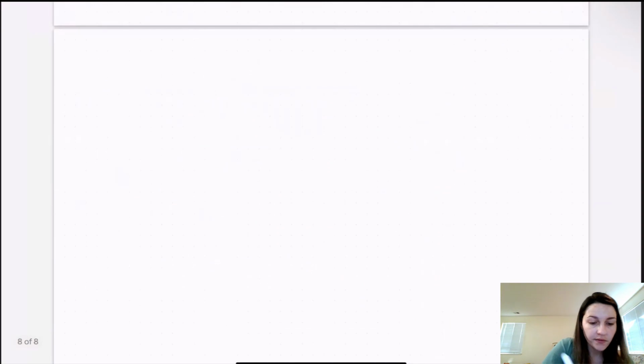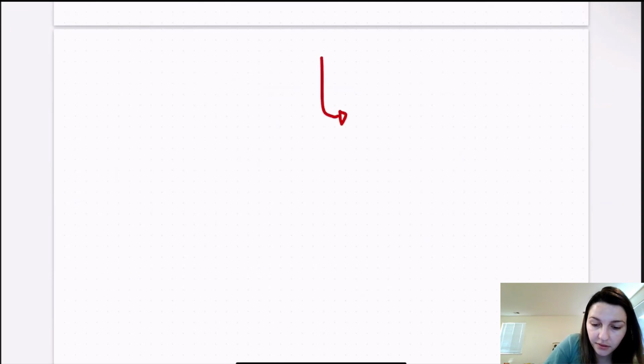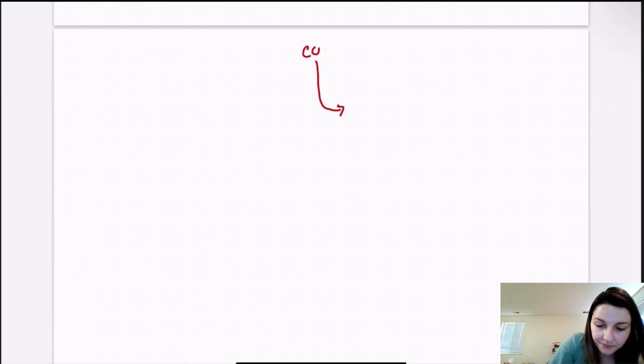So the Calvin cycle starts with CO2. So, input of CO2. So that molecule is CO2. And I'll draw a less dramatic arrow, actually. How about that? Okay, so let's start with CO2, carbon dioxide.